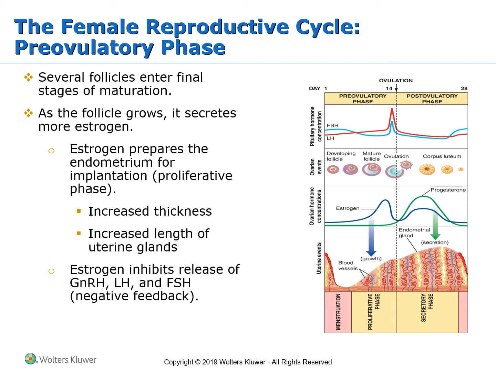You can see how the red line that represents the luteinizing hormone will have a sharp rise, will spike. The LH surge will actually trigger the next stage, which is in fact the ovulation.